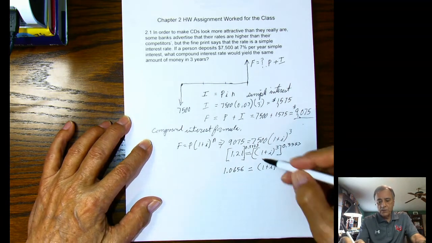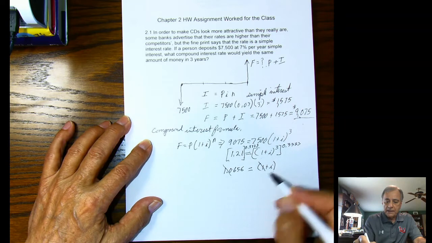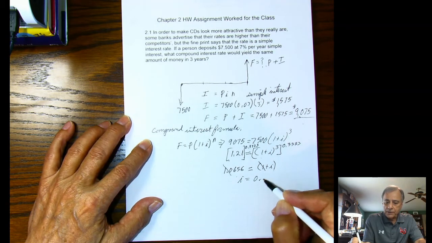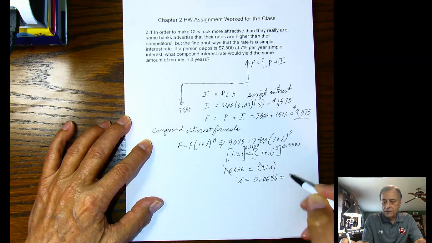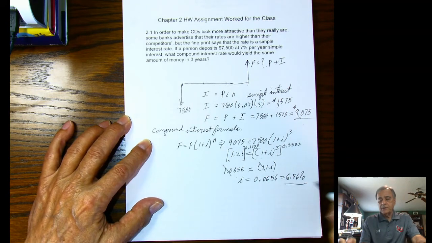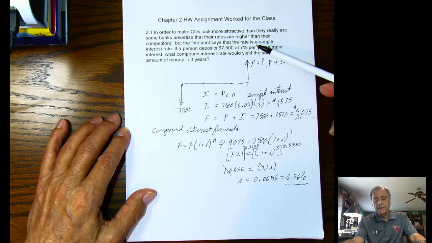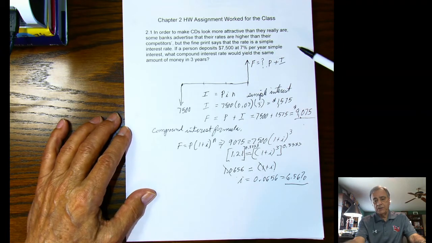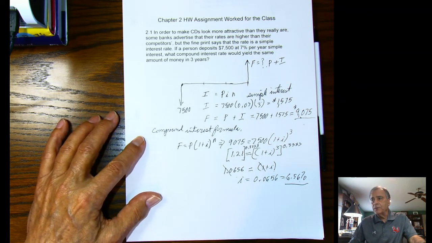And if we subtract 1 from both sides of this equation, we get that i equals 0.0656, or 6.56%. So that's the answer. That's the compound interest rate over 3 years that's equivalent to a 7% simple interest rate. And that concludes problem 2.1 for me.